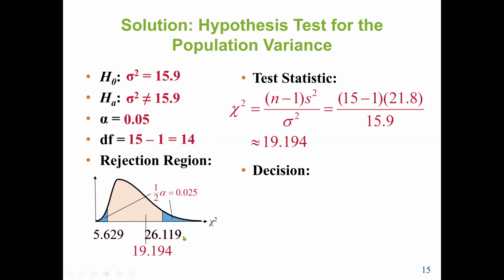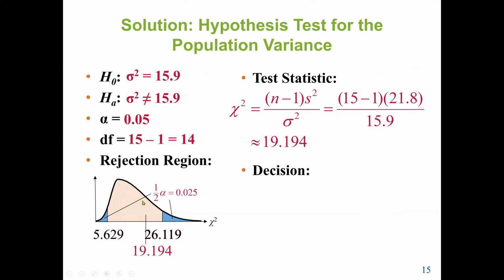Then next, we find the test statistic, which is sample size minus 1, times the variance of the sample divided by the variance of the population, which is 19 minus 1, times 21.8 over 15.9. That gives me 19.194, which falls within the brown area.